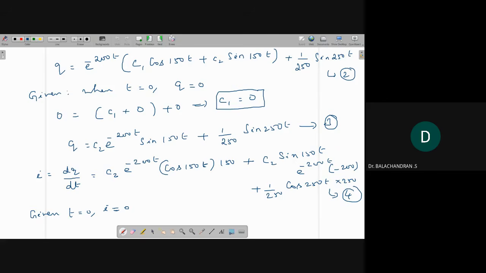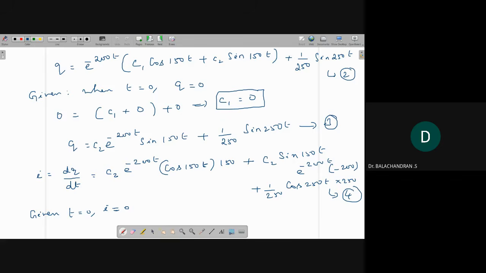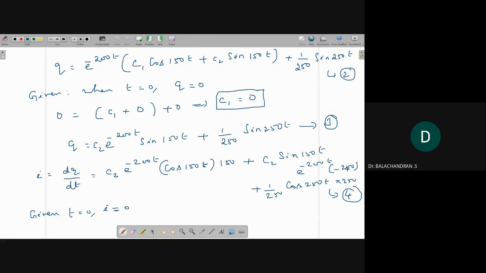Here you have 150, so I will write 150 into e power minus 200t into cos 150t. Next term is minus 200, but C2 is minus 1 by 150, so minus into minus is plus.